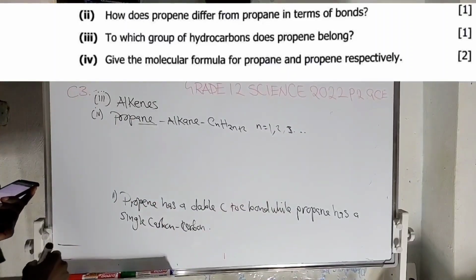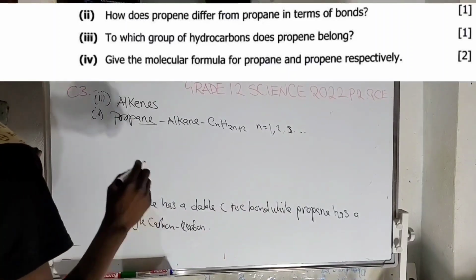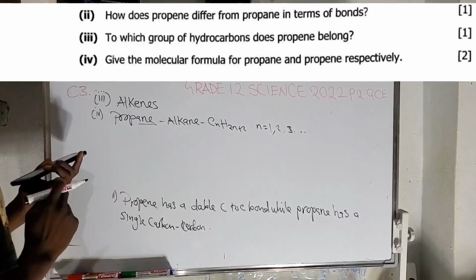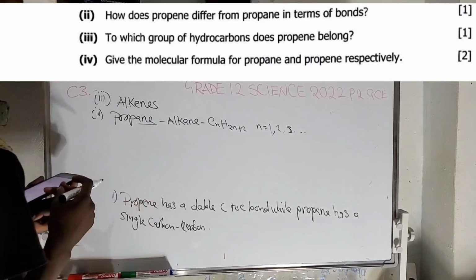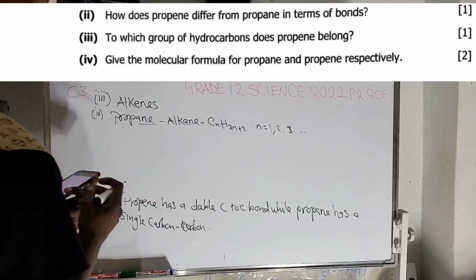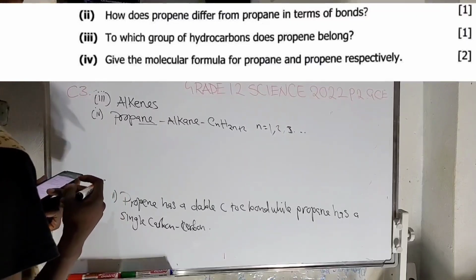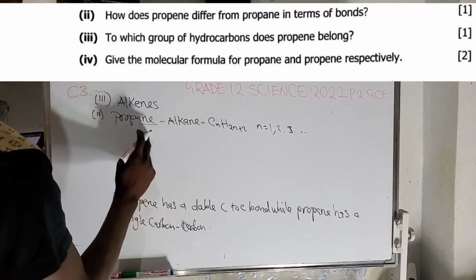So the first one is meth, which becomes methane. The second one is eth, which is ethane. The third one is prop, which is propane.